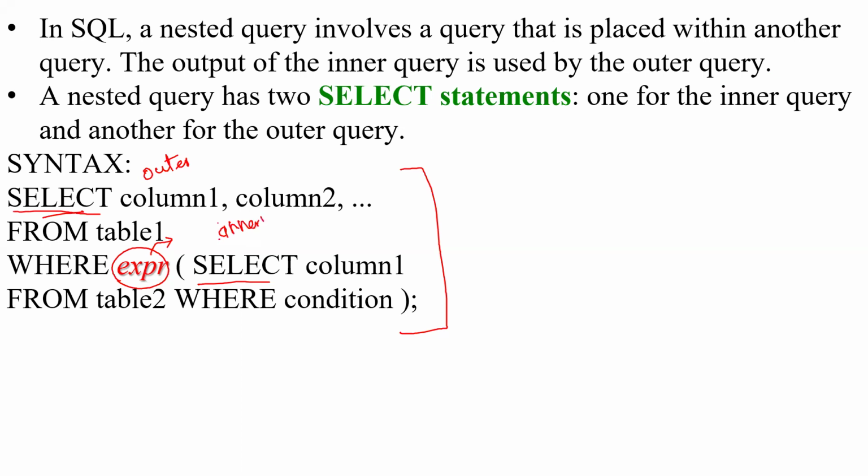You have to differentiate the outer query and inner query by using brackets. This bracket is mandatory to differentiate the inner query from the outer query. So this is the inner query. You will have this kind of syntax or flow to follow in nested queries or subqueries. We'll understand it better with an example.